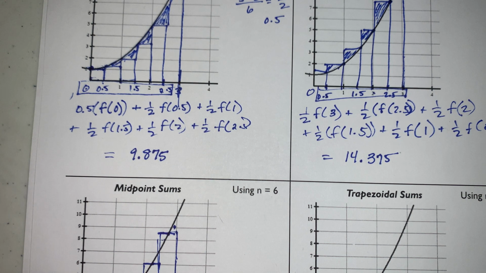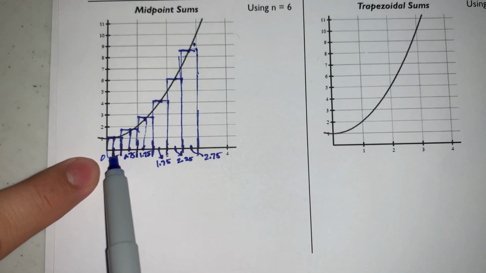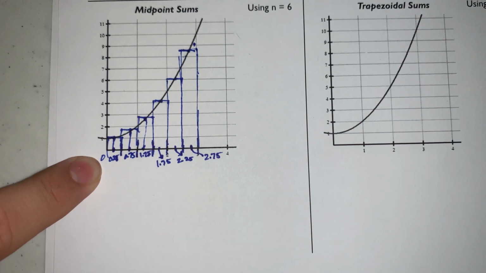Halfway between these two is 1.25. I'm going to draw little arrows because it's hard to see. Halfway between 1.5 and 2 is 1.75. The halfway mark between these two is 2.25. And the halfway mark between these two is 2.75. I'm sorry, you weren't even seeing that. But yeah, the halfway points are 0.25, 0.75, 1.25, and so on and so forth.